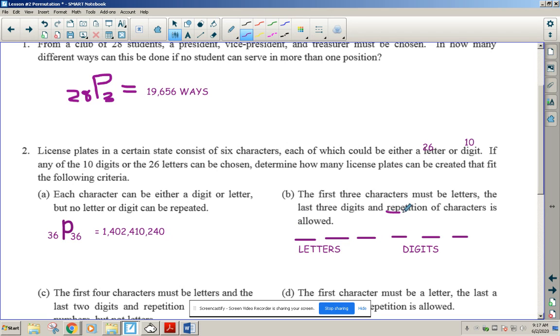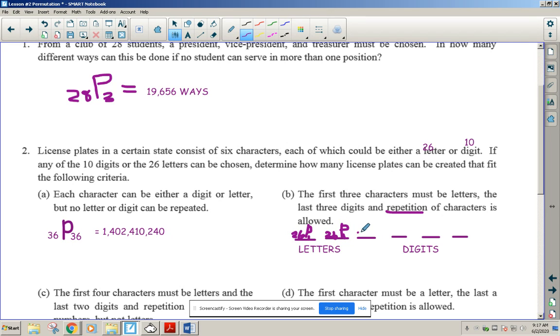Repetition is allowed, which means out of 26 letters for the first spot, I'm going to pick 1. For the second spot, I still have 26 letters to pick from, and again I'm going to pick one of them.